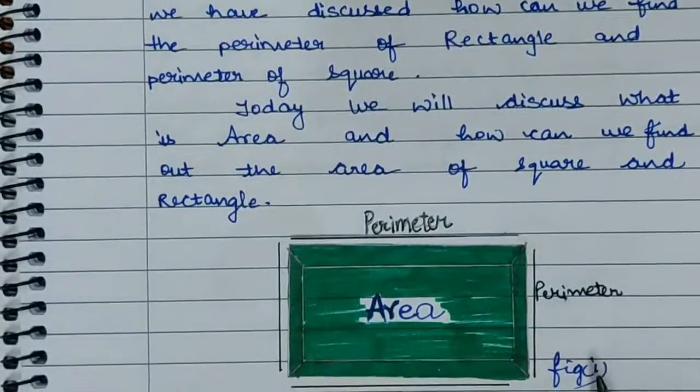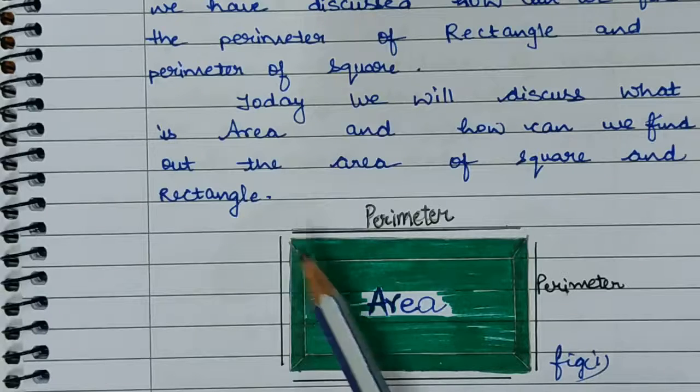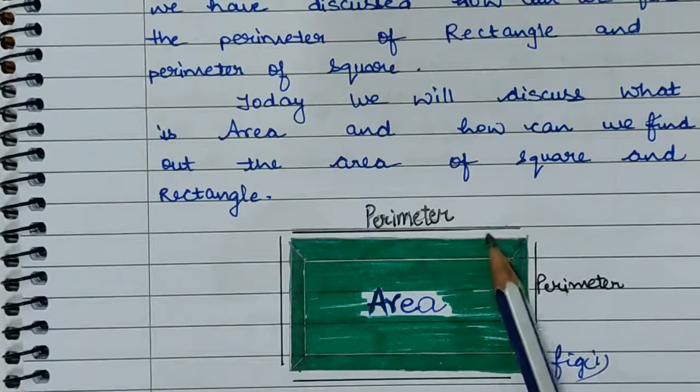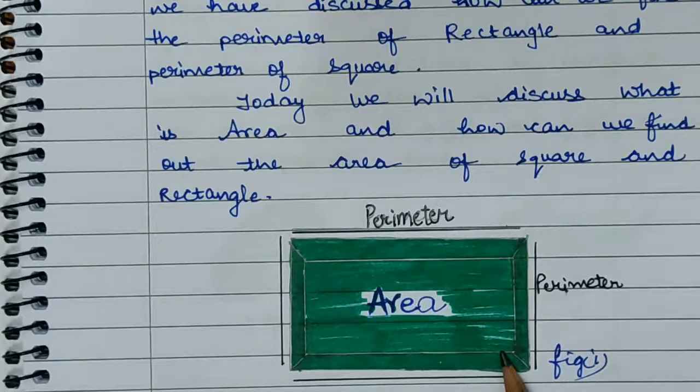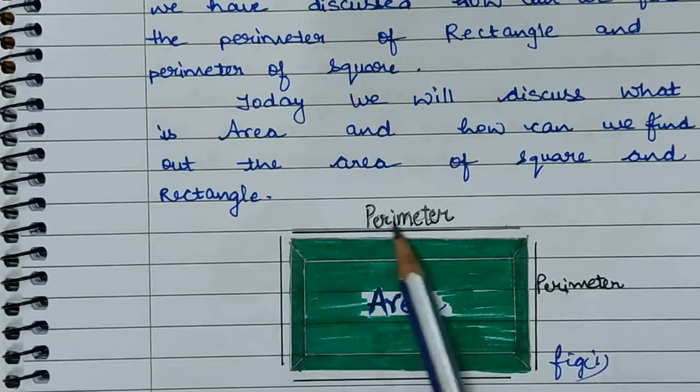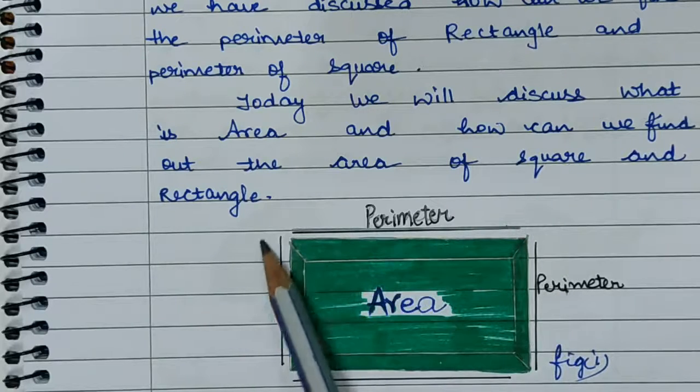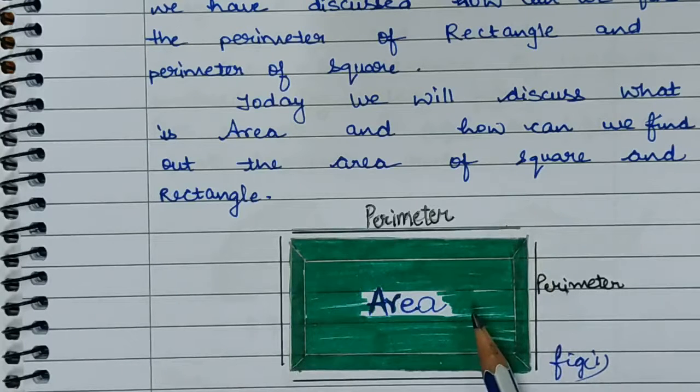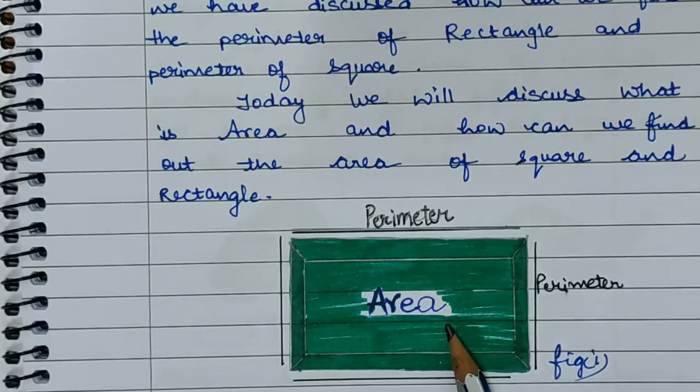Children, see this figure. I have drawn a four-sided polygon here. The boundary, if you see, is the perimeter of this closed figure, and the green shaded part inside the boundary is called the area of this figure.